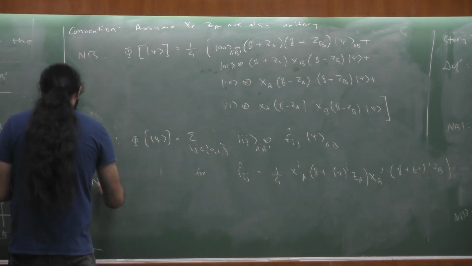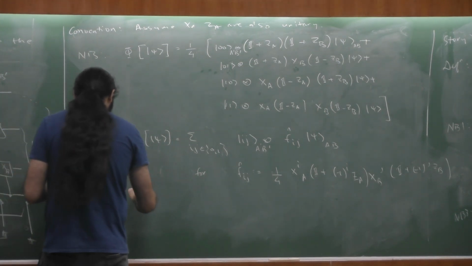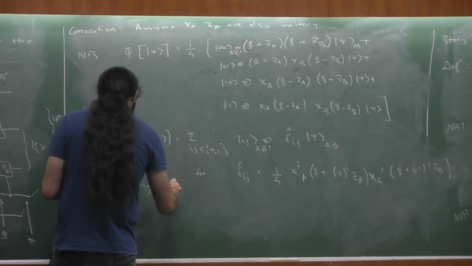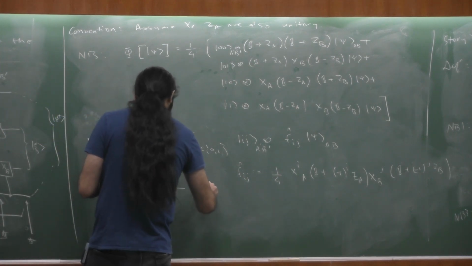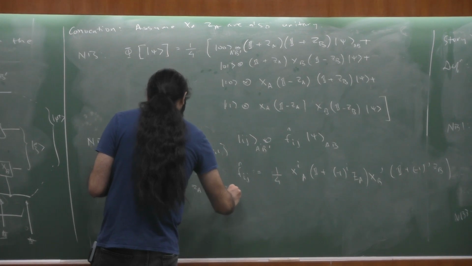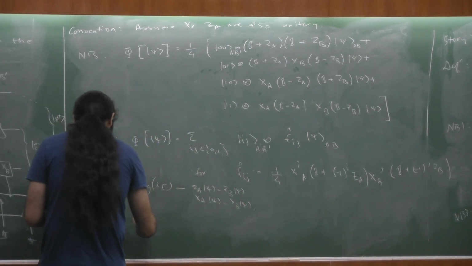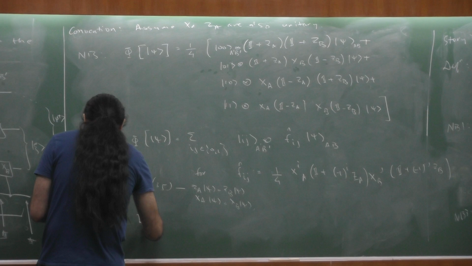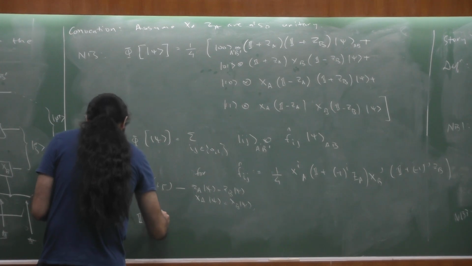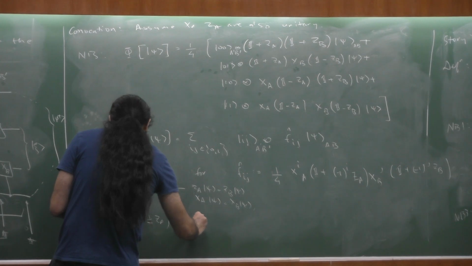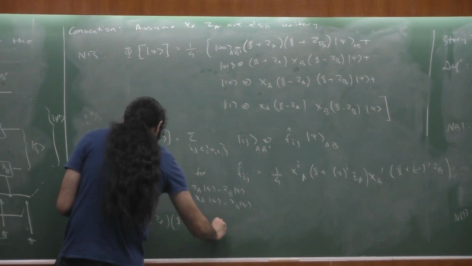Now let's reason about this. Using 35, which basically just said that Z_A on psi is the same as Z_B on psi, and X_A on psi is the same as X_B on psi, one can conclude that identity plus minus Z_A, identity minus plus Z_B on psi is 0.